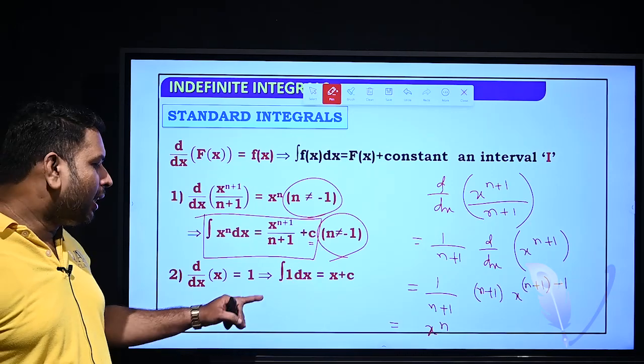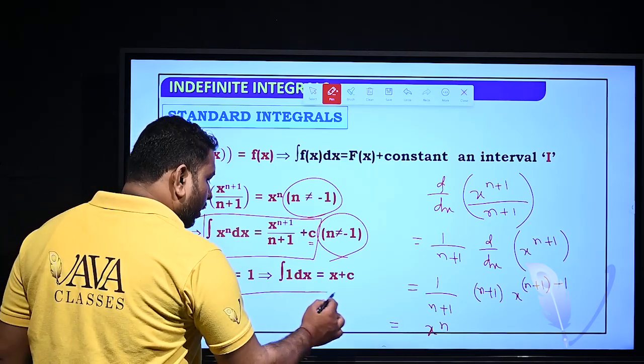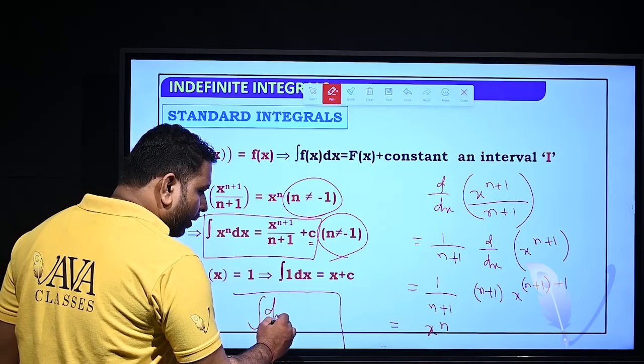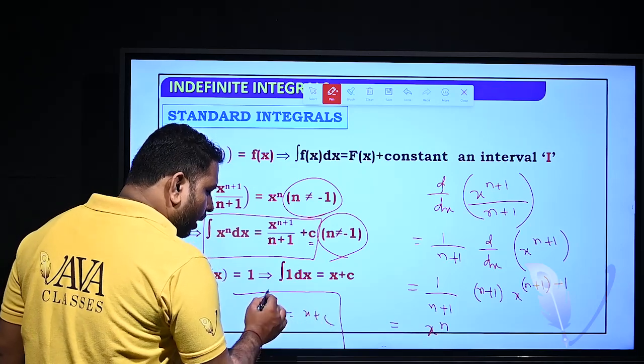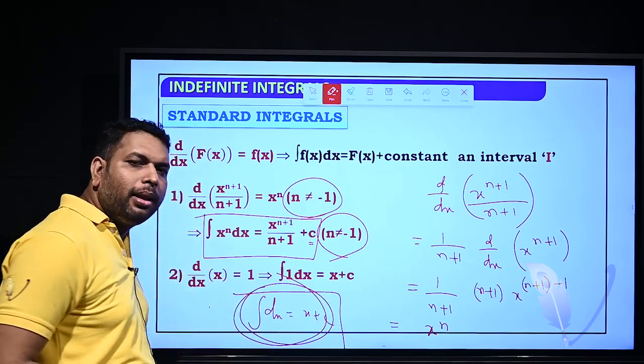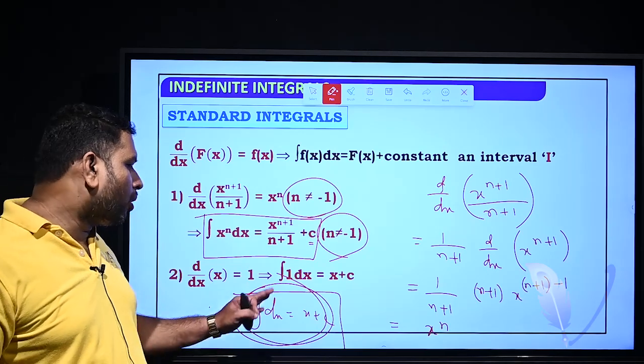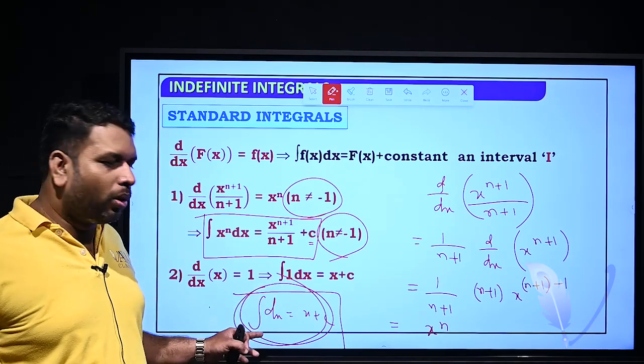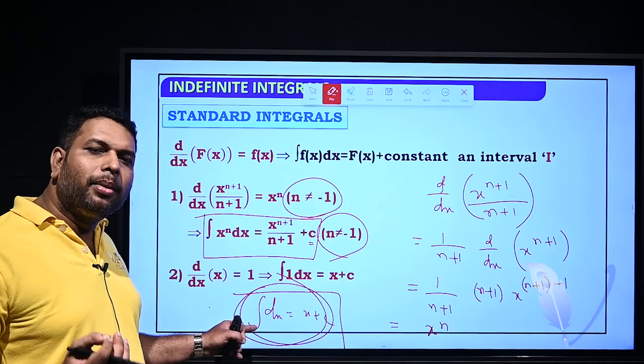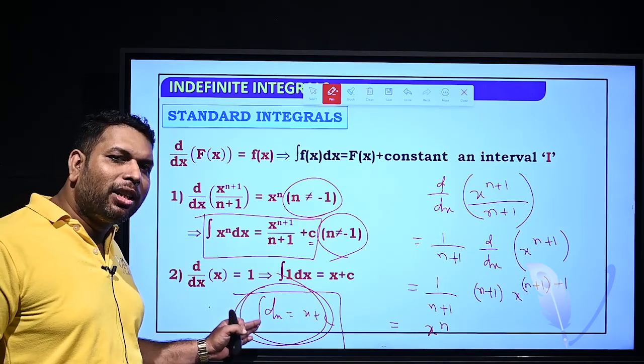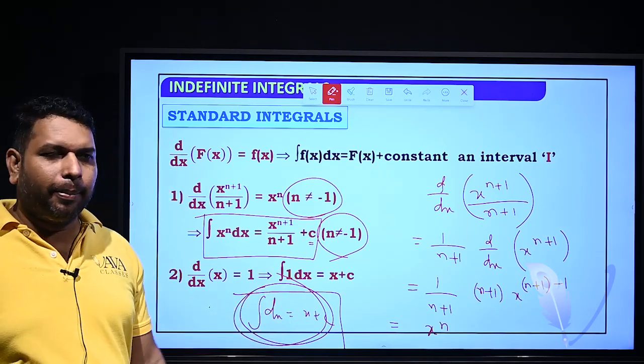You can write that the integral of dx is x plus c. This is an important concept. Sometimes students forget what the integral of dx is.